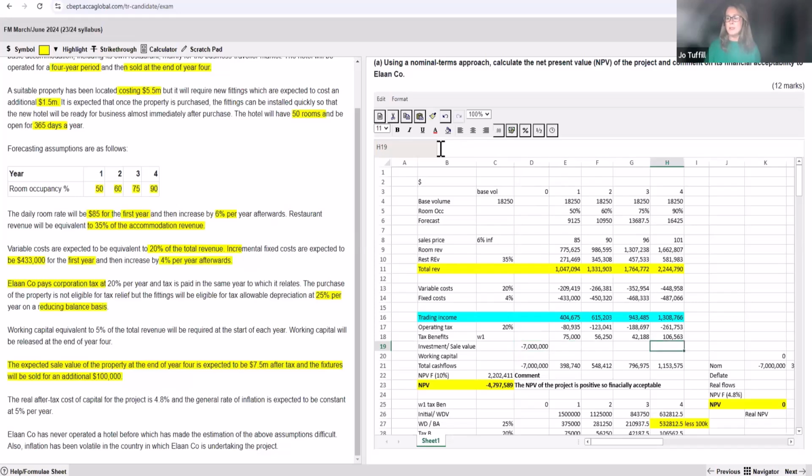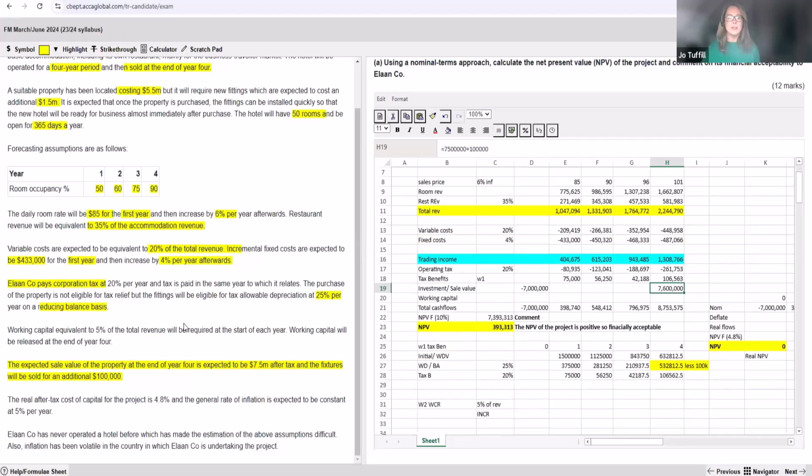And the resale value we've been told is 7.5 plus 100. So you can put it in as 7,500,000 and then put in the 100,000, so they know that you put both in, and you should add to 7.6 million. So that's everything done down there.